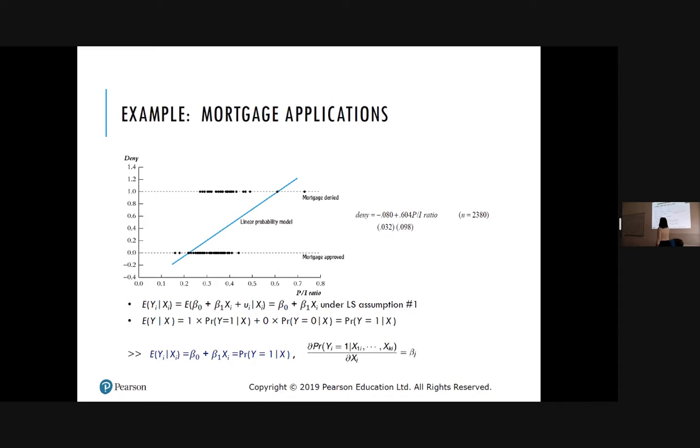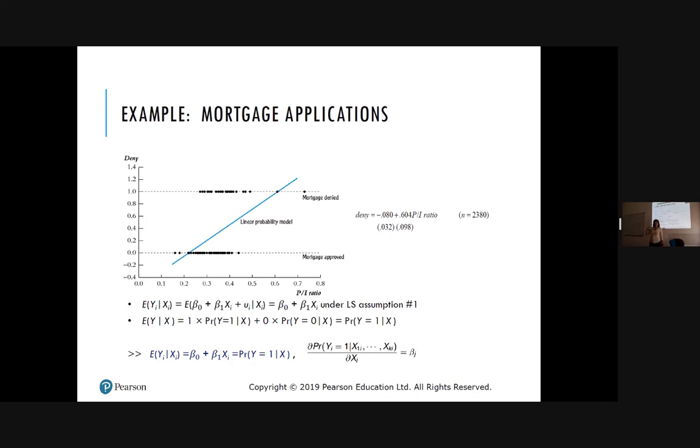So when the payment to income ratio is equal to 0.4, what does it mean? That the predicted value of y is equal to 0.5. This means that the probability that the application for the mortgage will be denied is 0.5.